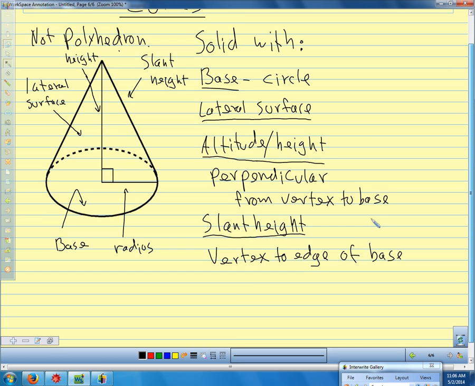If we have a right cone, and we forgot to say the vertex. The vertex is right here at the top. So the base is a circle, we also have a vertex. The vertex is the tip of the cone. For a right cone, the height, the altitude, goes to the center of the base.